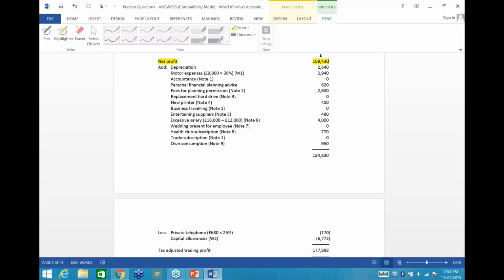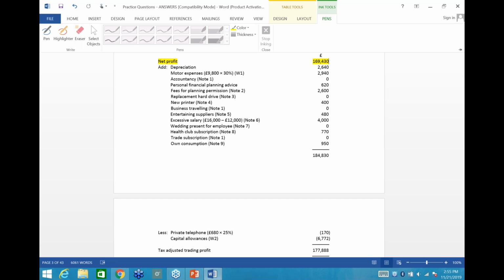Now, I'll briefly explain what we are trying to do here. This is an accounting statement. It gives us the accounting profit. But for the purpose of taxation, we cannot rely on the accounting profit. We have to calculate the taxable profit. In doing that, there are certain expenditures which are not allowable for the purpose of taxation.